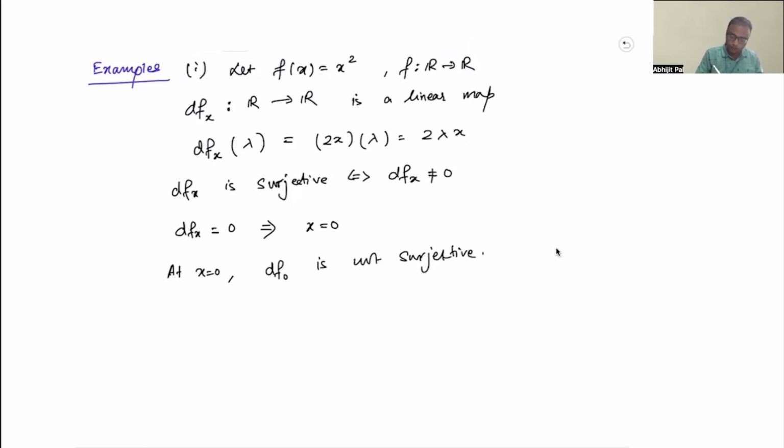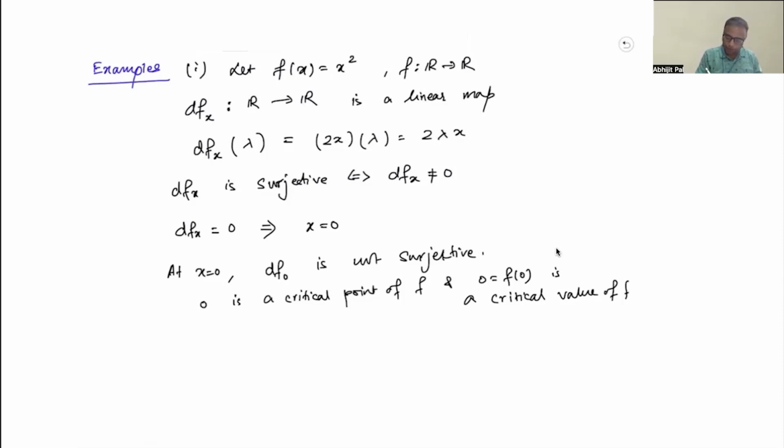Therefore 0 is a critical point of f, and f(0) equals 0 is also a critical value of f.